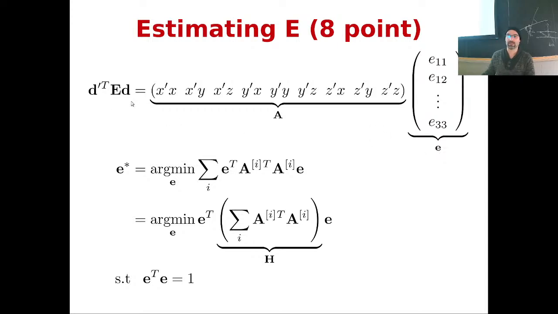So this is a multiplication of a horizontal vector, times a 3 by 3 matrix, times a vertical vector, and this is a scalar.